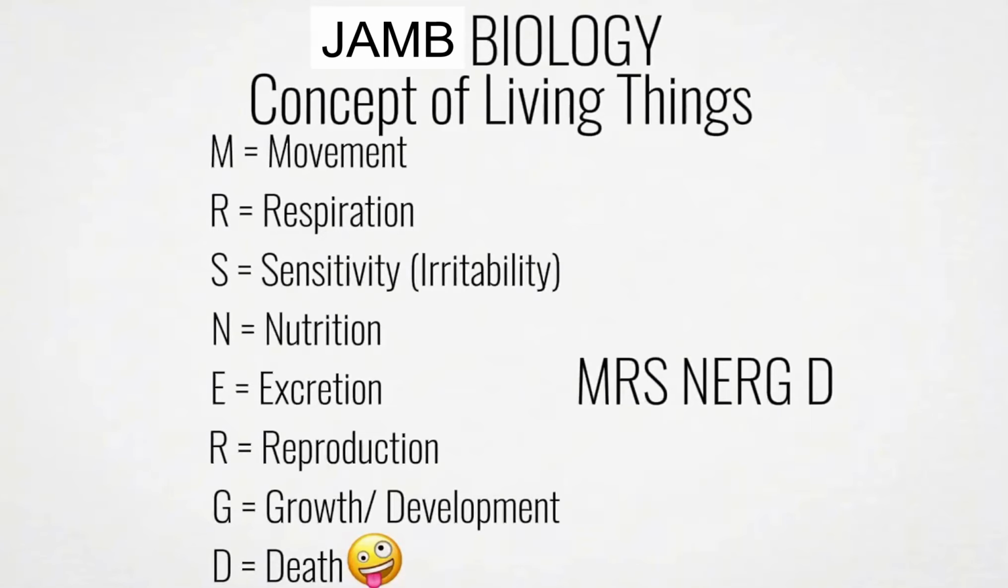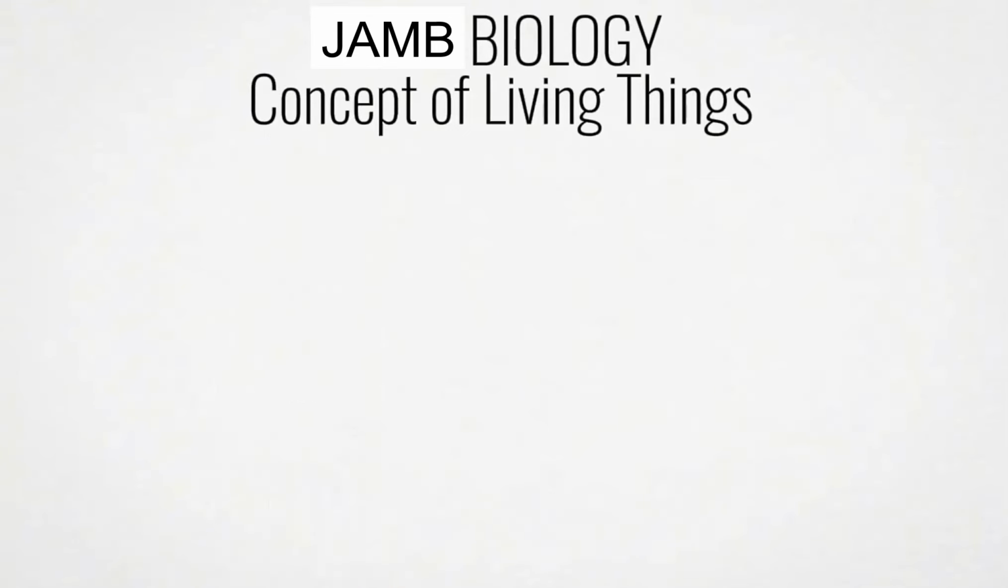Now, before we go into discussing this, it's important you know that non-living things can also exhibit one or more of these characteristics, but living things are the only ones that can exhibit all these characteristics at the same time. All right, let's start with movement.